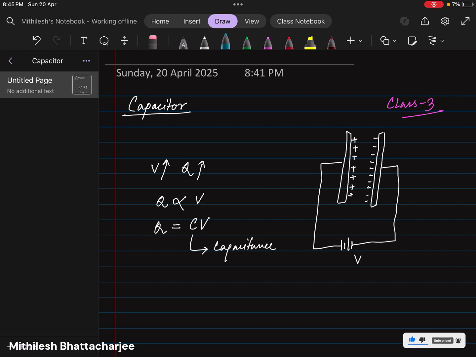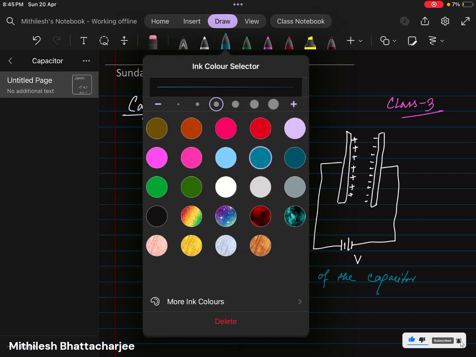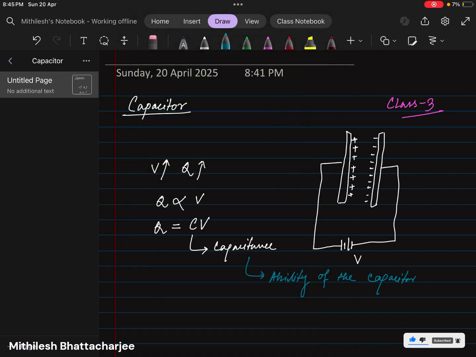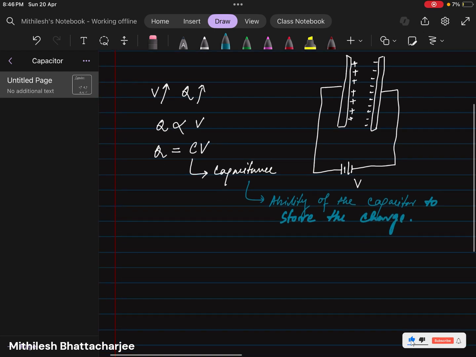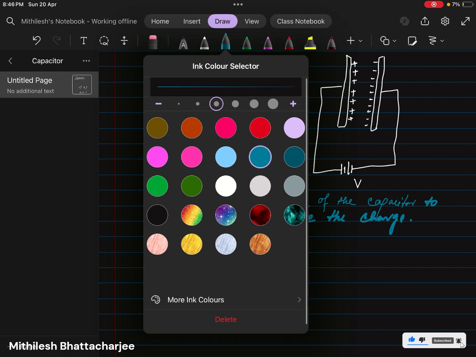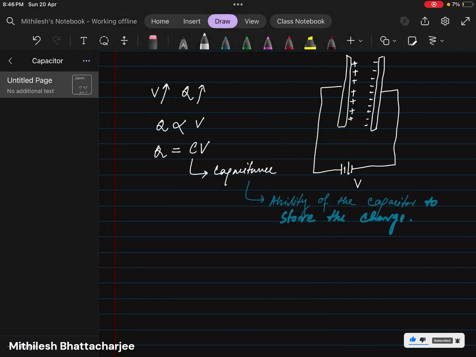Now what is capacitance? Capacitance is the ability of the capacitor to store the charge.